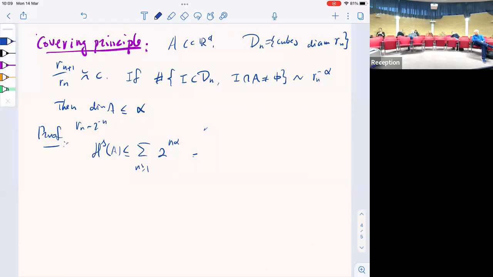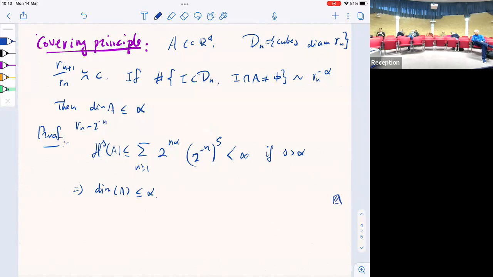Each interval is of length 2 to the negative n, and we need to take it to the power s, which is this dimension here. So now I'm just using the definition. This sum will be finite if s is larger than alpha, a geometric series. So this would imply that the Hausdorff dimension of A is bounded by alpha, which is the end of the theorem.